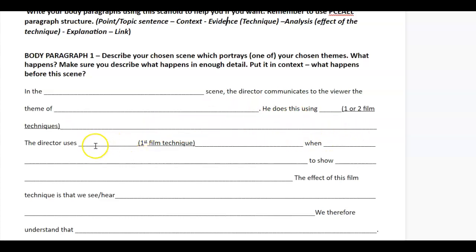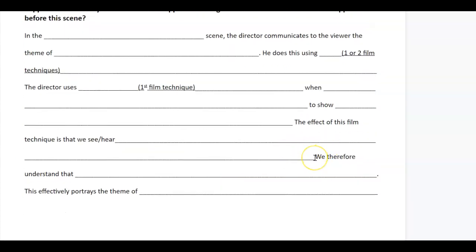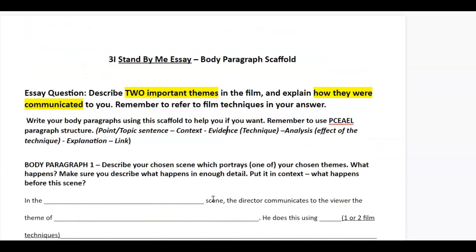You have to choose. The director uses, and put in this gap, your first film technique, when blah, blah, blah, to show blah, blah, blah, and you've done all this work, and then you end up with your final point. We therefore understand that, and this is your link. This effectively portrays the theme of. Okay, so that is what you're going to see when you open your scaffold. Pretty much, I might just add some bits to it before I put it up.